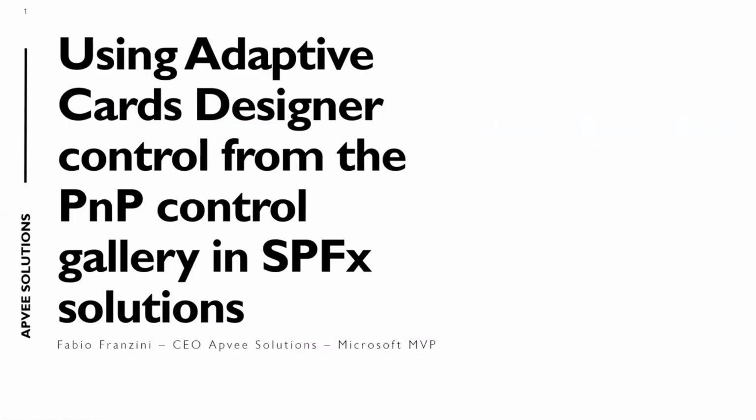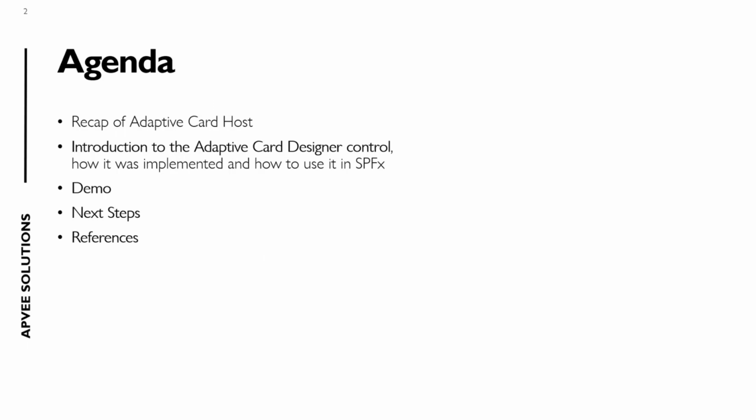Okay. Hi to all. So I want to share with you my new control, the adaptive card designer control, and this control will be available inside the PnP React Control Gallery. So the agenda is I want to share just a recap of the previous control, the adaptive card host React control, and then I want to show you the new adaptive card designer control and how to use it inside SharePoint Framework.